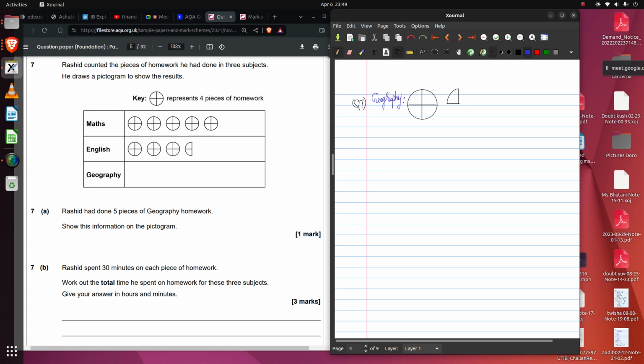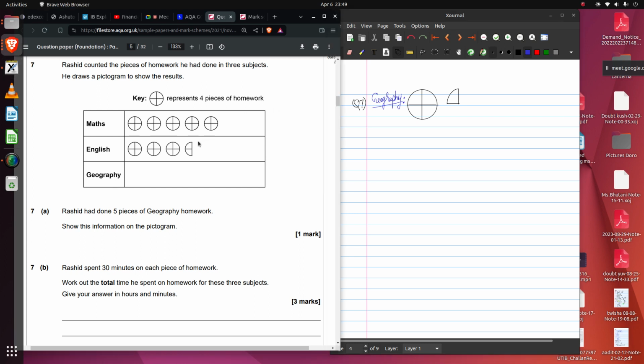How many circles do you see on the question paper? For maths, English, or geography. Total, see, they don't care about the subject, they care about the time spent on the homework. Whatever the subject is, you want the total time, no? Yeah. So, actually, let me calculate.